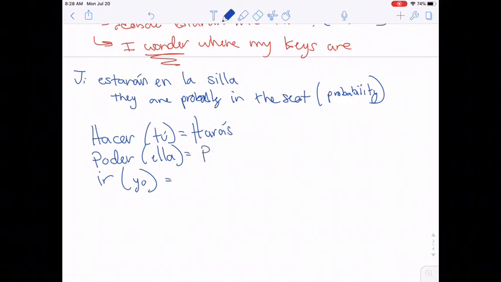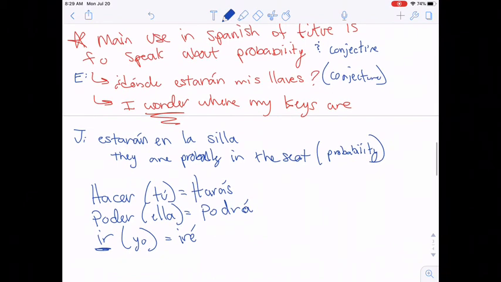Harás, podrá, and iré. Ir is not irregular in the future tense. It always seems like it's irregular in other tenses, but in the future tense it's not. So iré is correct. Podrá is correct. If you put an N here, that would be incorrect because that's for poner, not poder. Yeah, and that's our future tense.